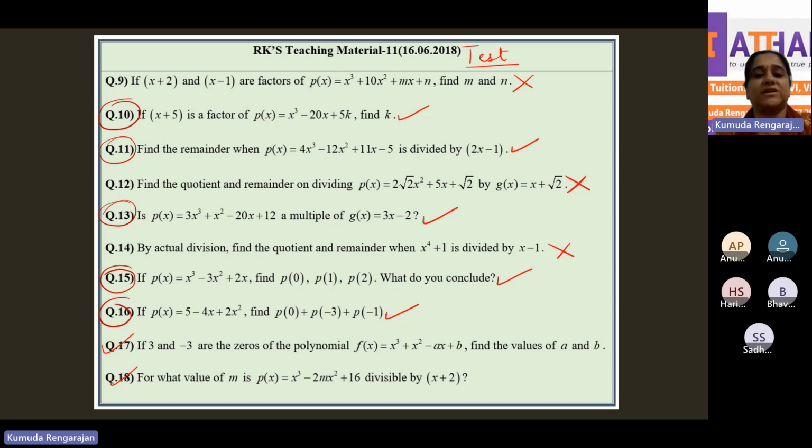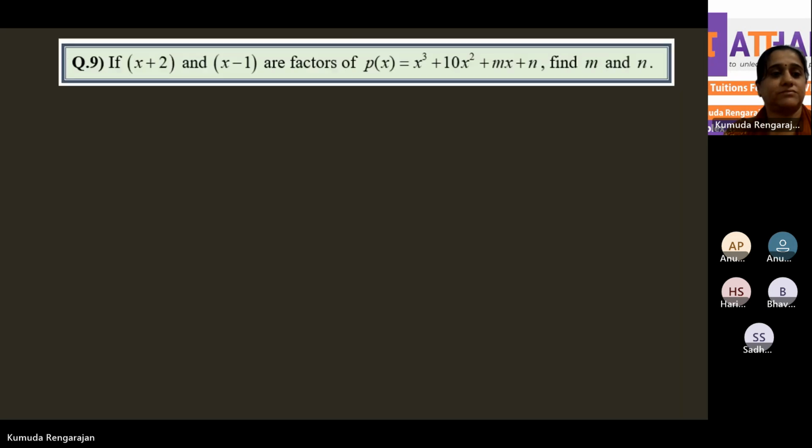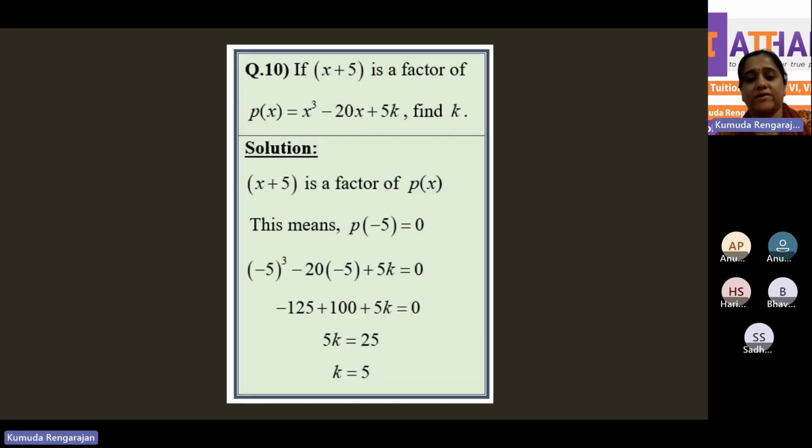Okay, so now what's the answer for the 10th one? 10th one, online students? 5, ma'am. 10th one is 5. Very good. 5.